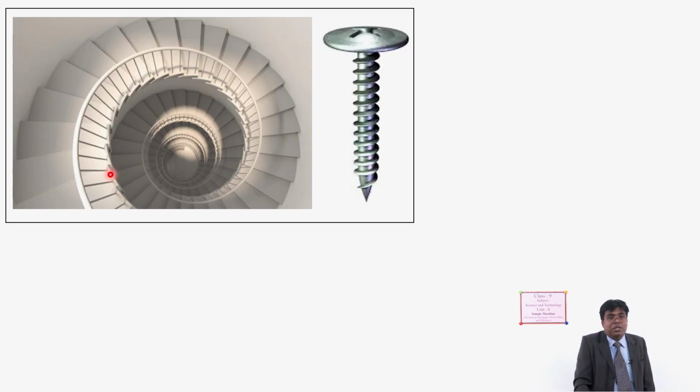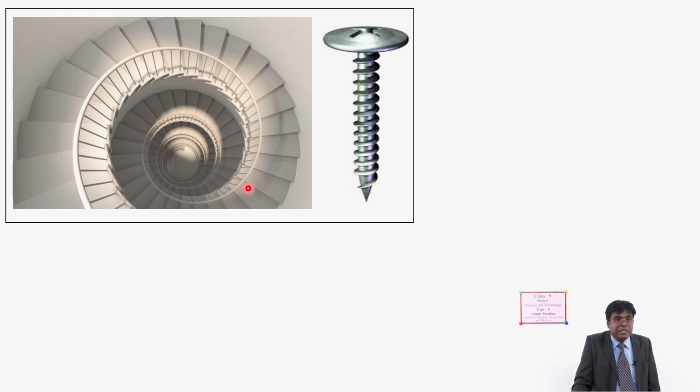Let's see this picture. Here, this is a round staircase where people climb up and go down. Yes, this is just like a screw. And if you see here, this is an inclined surface.